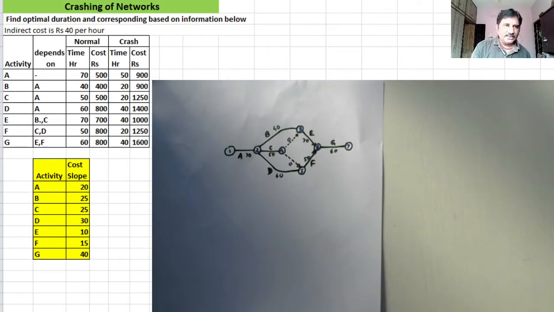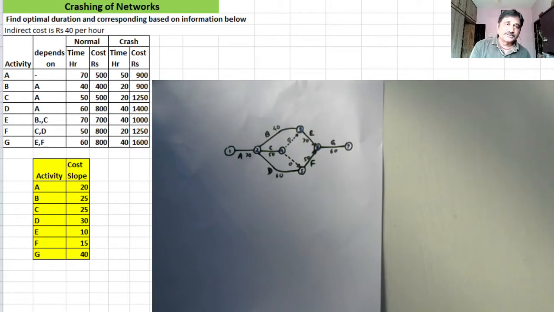For example, the last activity G takes 60 hours normally and the normal cost is 800 rupees. If you want to complete this activity G in lesser time, it can be completed in a minimum of 40 hours, not less than that, and it will take 1000 rupees to complete the activity in 40 hours.